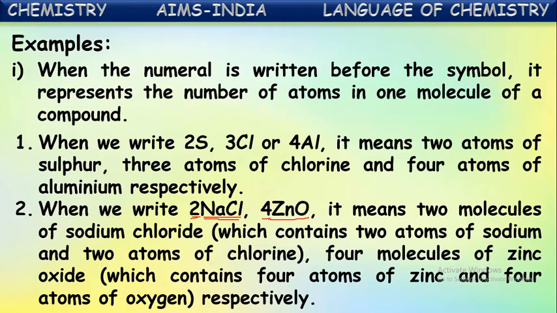Each zinc oxide molecule contains one zinc atom and one oxygen atom, so in total it becomes 4 zinc atoms and 4 oxygen atoms respectively. 2NaCl represents 2 sodium chloride molecules, which also represents 2 sodium atoms and 2 chlorine atoms.